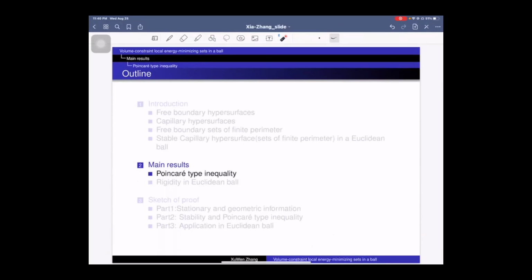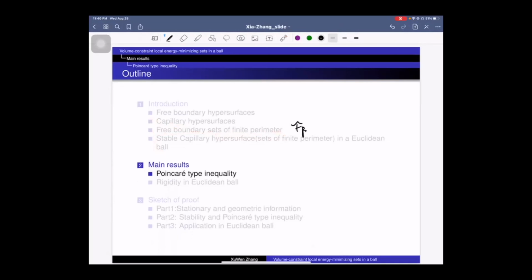It is a natural question to ask if we can generalize this result to the capillary case for a set of finite perimeter. So now we have to consider the perimeter functional instead of the free energy functional.